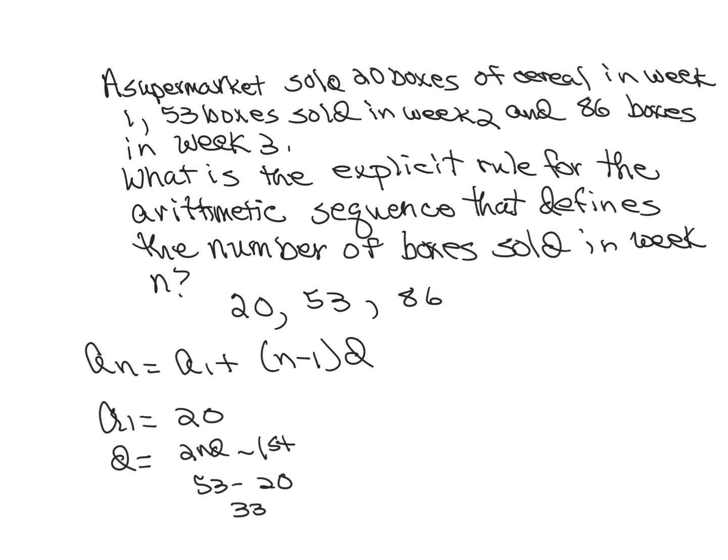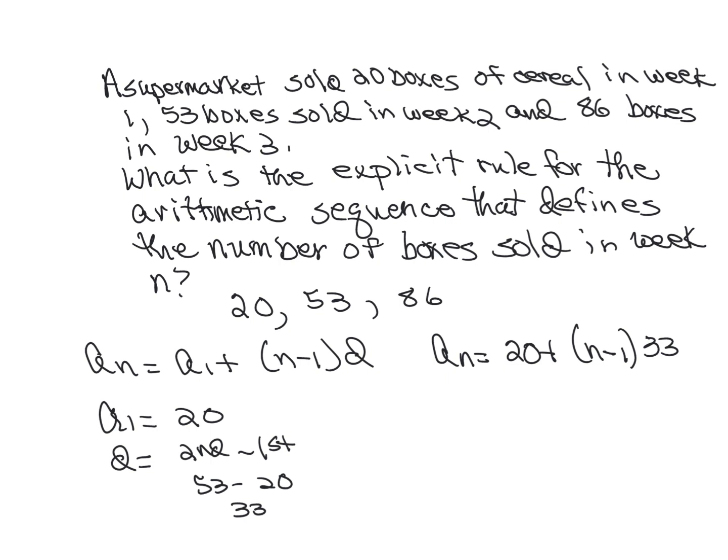So to write my explicit rule, I'm going to have a sub n is equal to a sub 1, which is the first term 20, plus n minus 1 times d, which is 33.